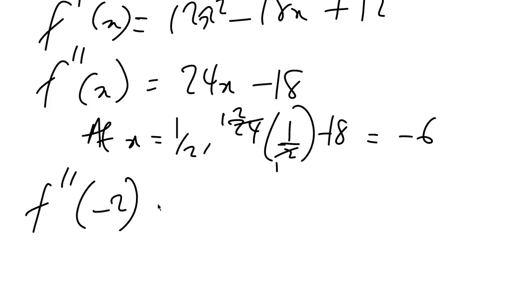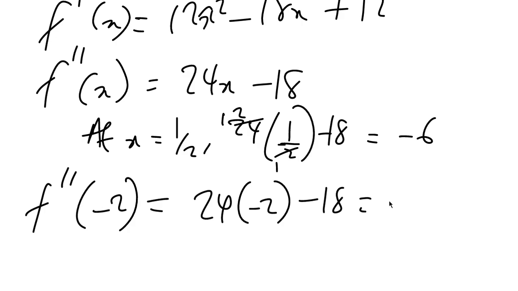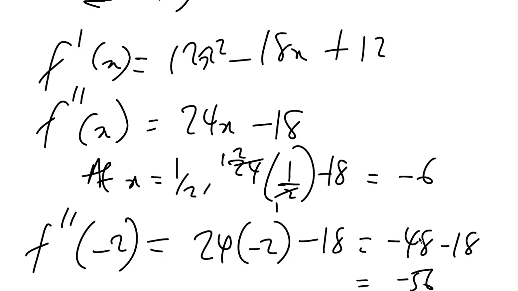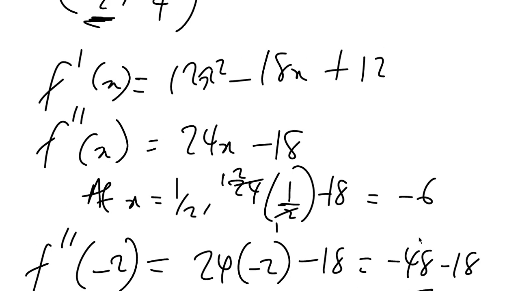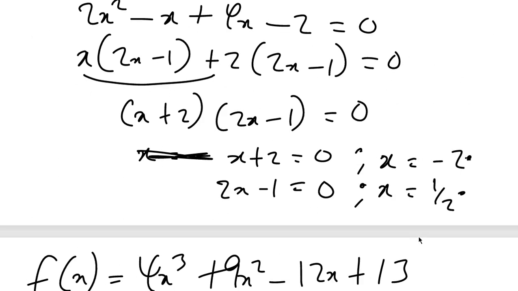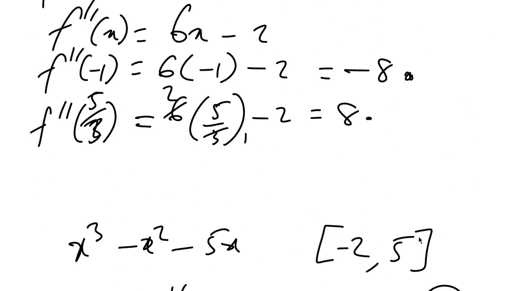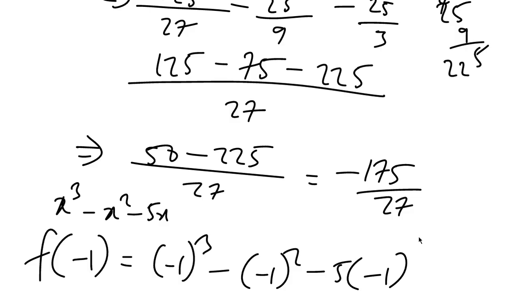That's 24 into minus 2 minus 18, which is minus 48 minus 18, which is negative 56. So you can see that when half was substituted, what are we having here now? Because you can see there's a discrepancy somewhere.